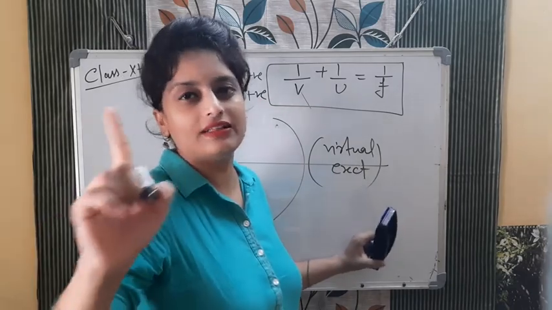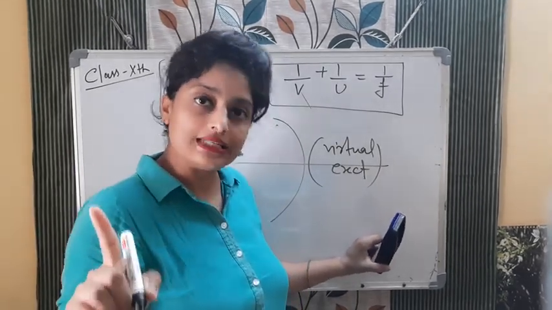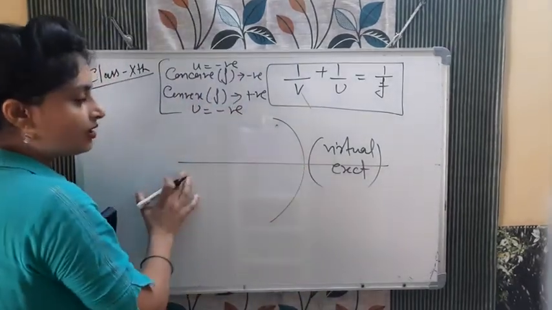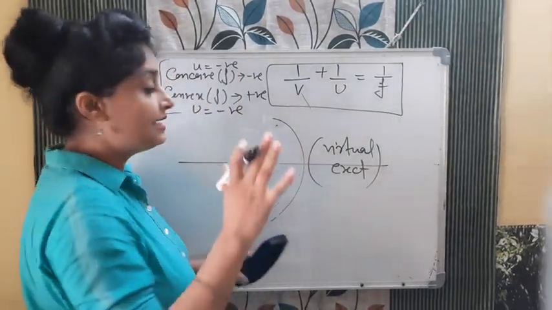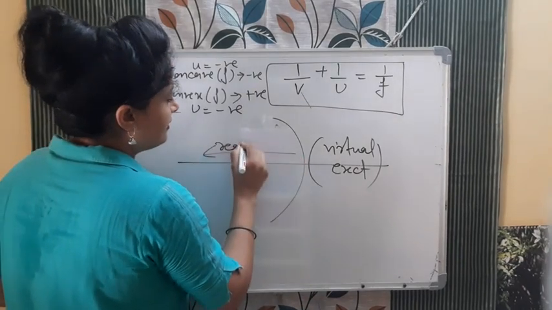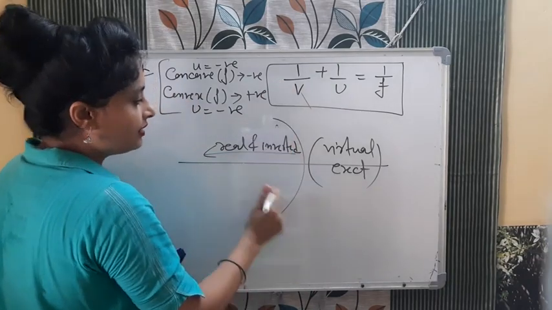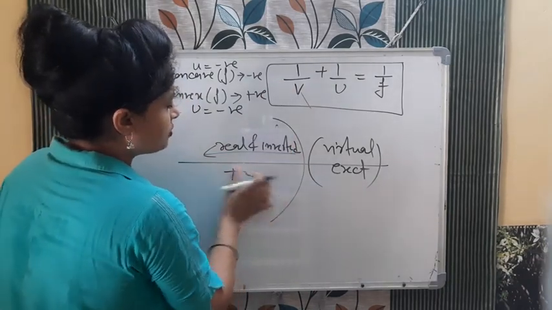And it was only in one last case, when the object was between focus and pole. Otherwise in all other cases the image was real and inverted, and it was this side, real and inverted. So in case of the concave mirror, it is positive. Sorry, this side is negative.